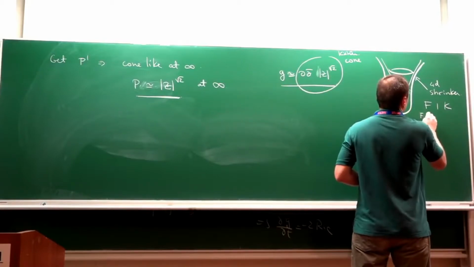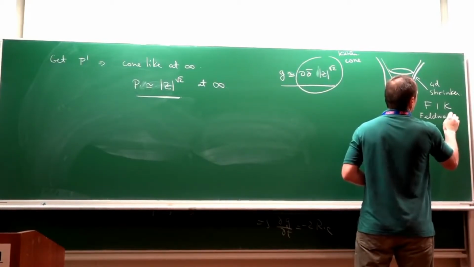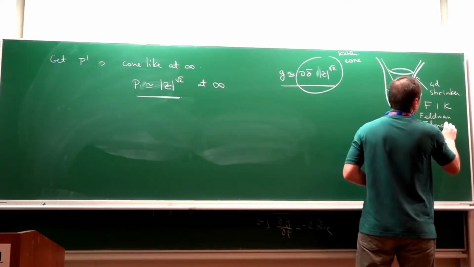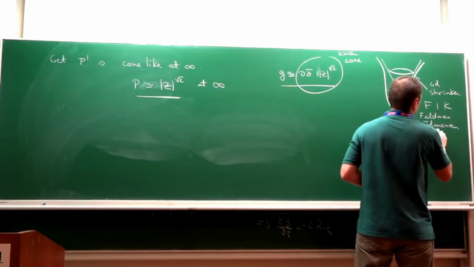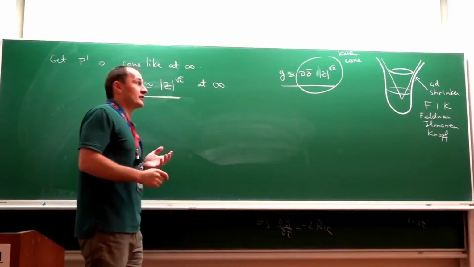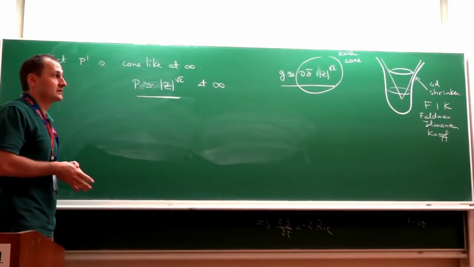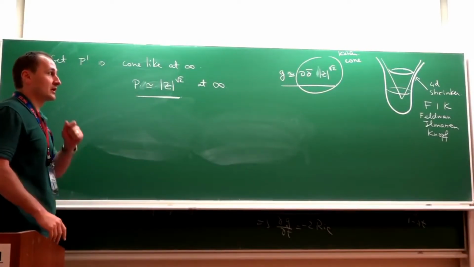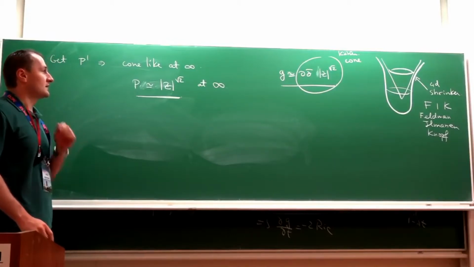So Feldman, Hillman, and Knopf. And it's the only one we know in 4D that's not a cylinder and which is non-compact. So the only non-compact one that's not a cylinder.